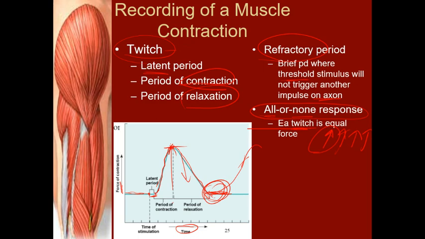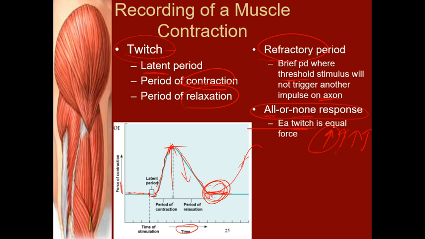One of the things I use, and I'll probably bring this up when we talk about nerves too: when you flush a toilet, you start pushing on the handle and you can hear the water going, but it doesn't flush yet. Once it reaches that point where it flushes, that's what we call threshold. So it reaches that point and it's flushing. You can't stop it at that point. Threshold has been reached.